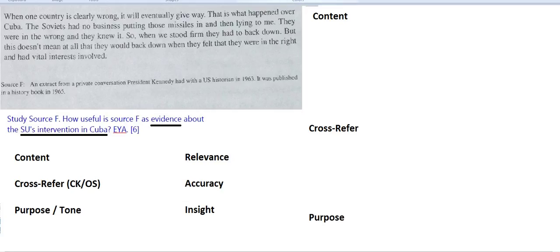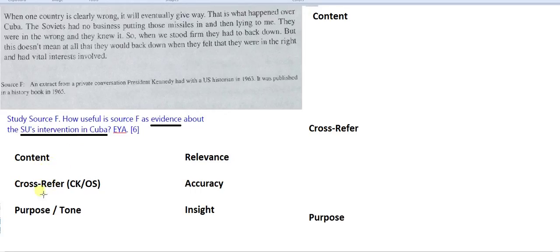I think I've mentioned that whenever you look at utility questions, you look at relevance, accuracy, and whether the source provides us with any insight. These are the various levels. The first level is looking at the content of the source on its own. Then the next level is cross-referencing.